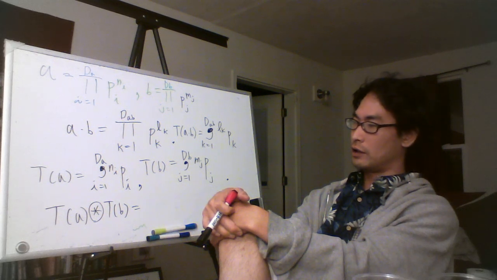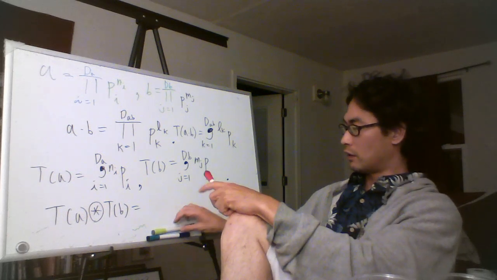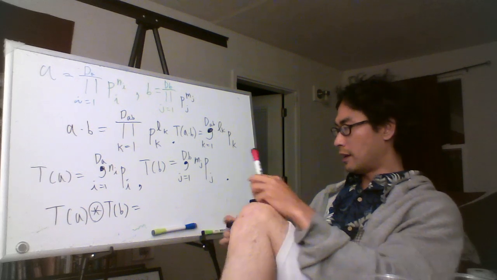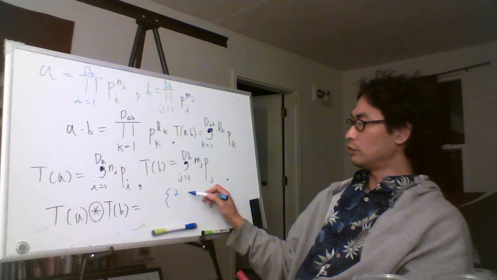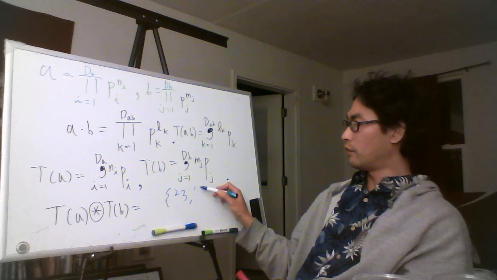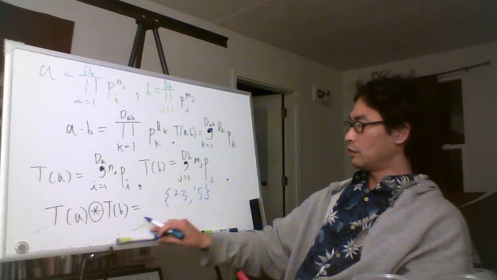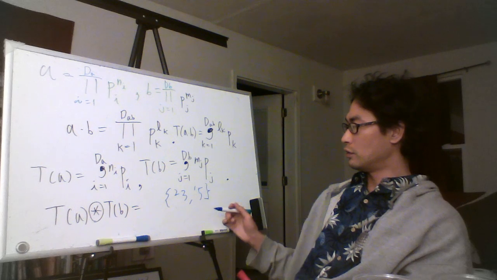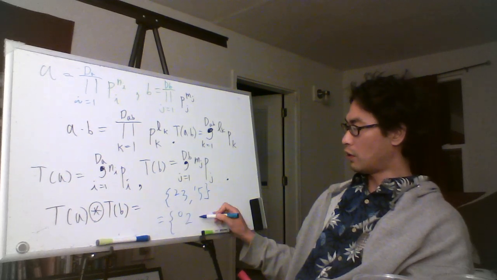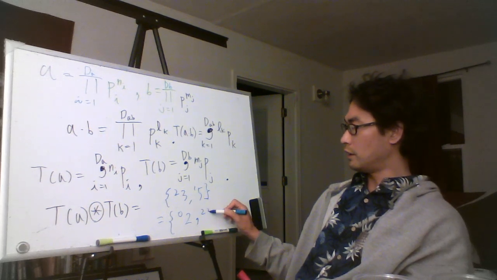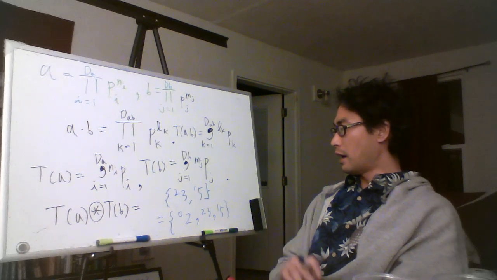You kind of know what that is. So, for example, I'm going to use a different color. You have two threes and one five. It does not contain any twos. The same as 0 2, comma, 2 3, comma, 1 5, right?